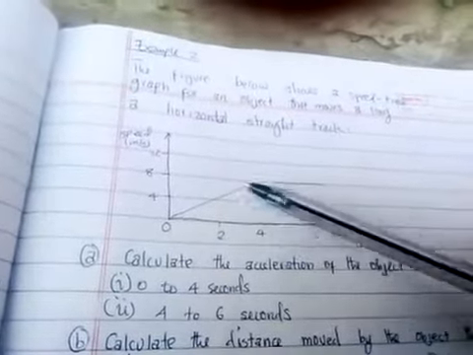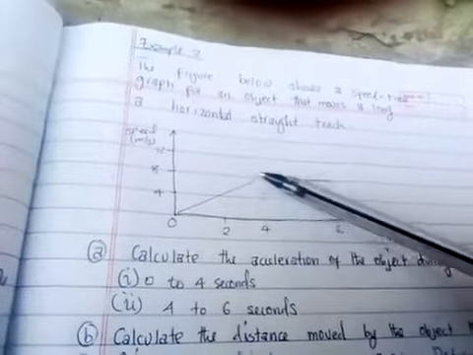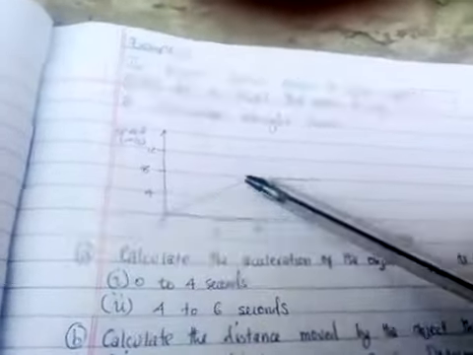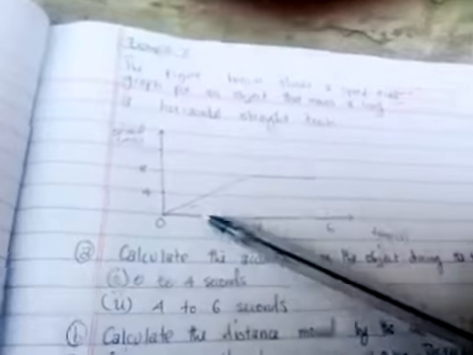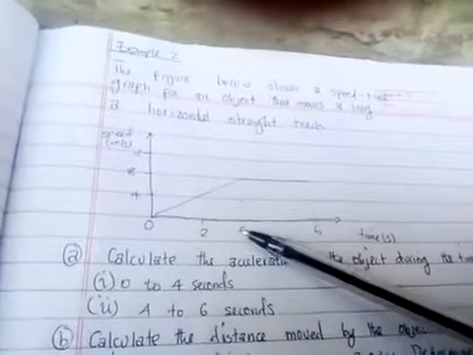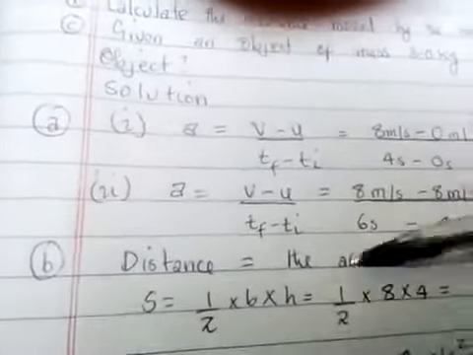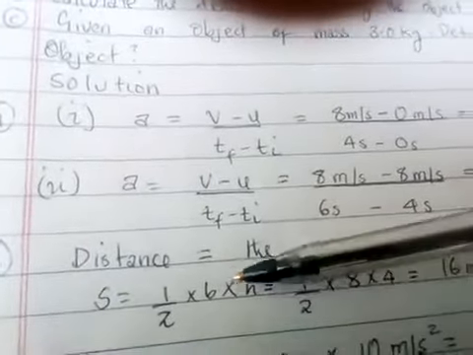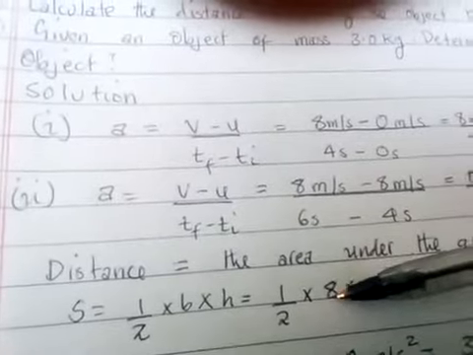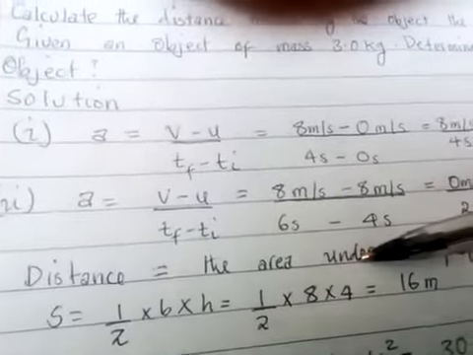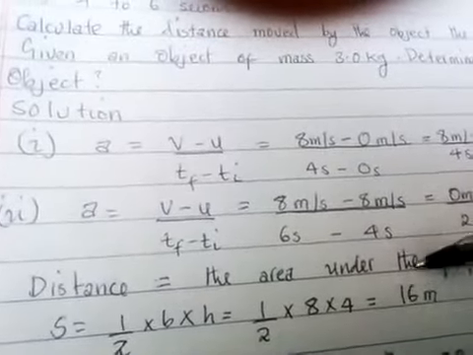So it's just this here. So you just get the area of this first triangle. The base of this triangle is 4, the height is 8. So you just calculate base multiplied by height. Our base is 4, our height is 8. You multiply, you get 16.